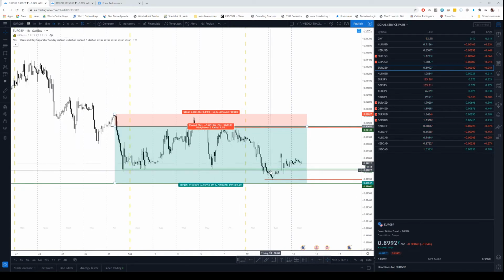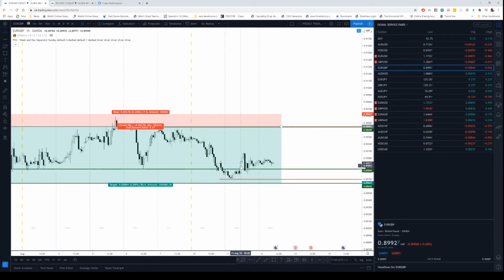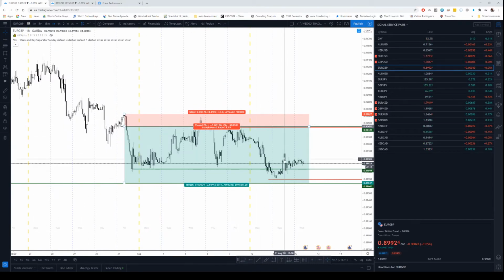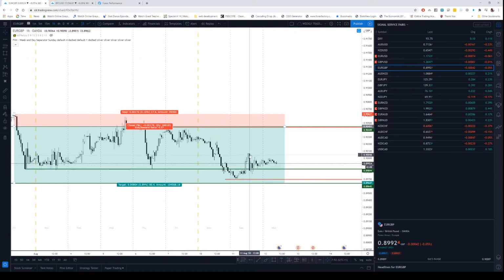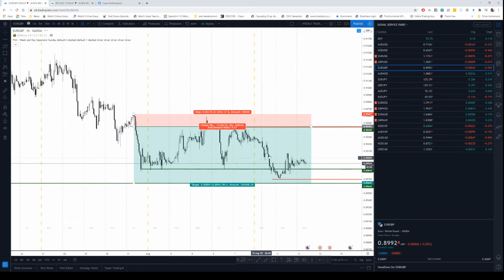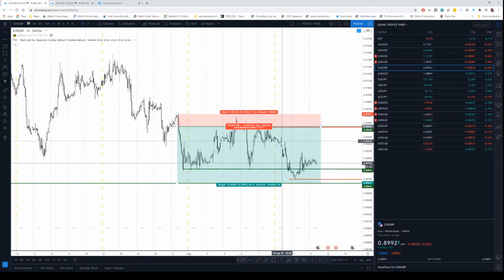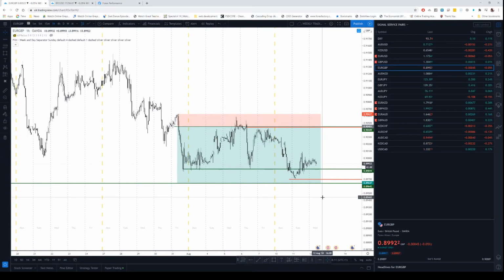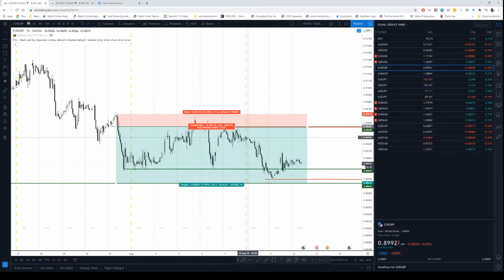Yesterday I did say if we do close inside this, we might see price go up a little bit more. We did close, and then price went to this last up candle and then rejection. Maybe we could have sold up here, but again, it's hindsight, so it's not important. Ideally I wanted to see price come all the way up here before a sell, because the weekly started and then we've just dropped down.